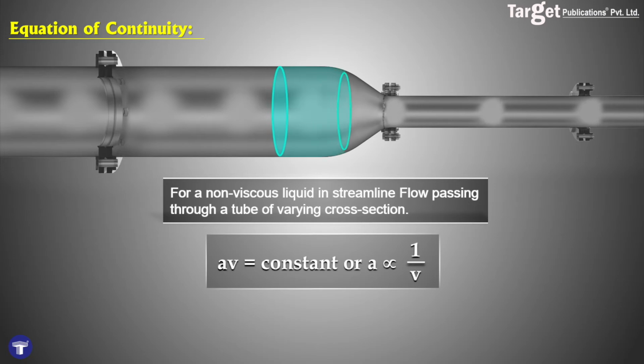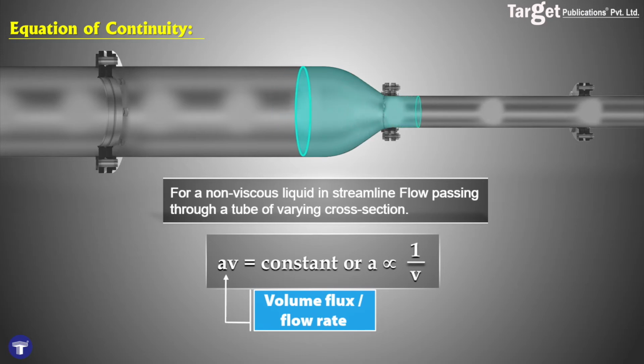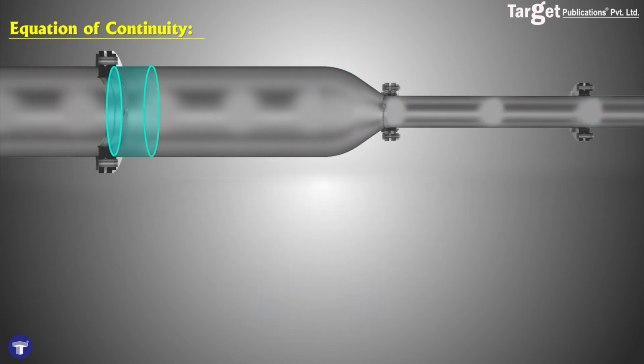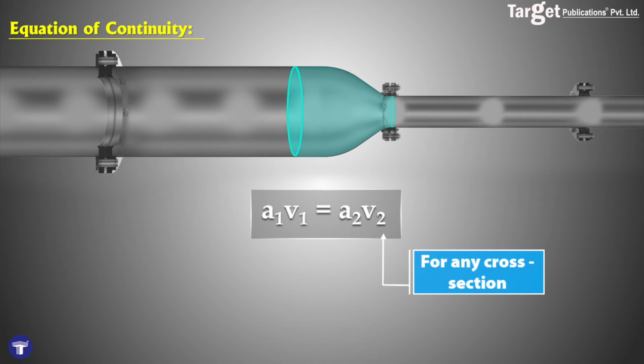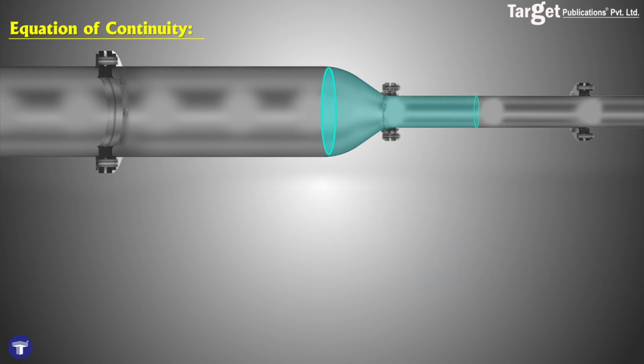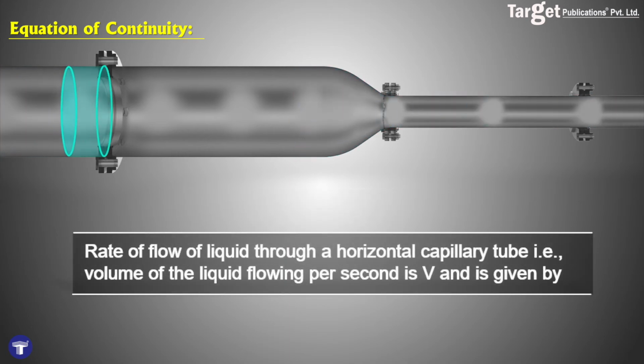And therefore, I can say that A and V are inversely proportional to each other. The product AV is known as the volume flux or the rate of flow of the fluid through that cross-section. Thus, the equation of continuity is simply saying that in cases where the cross-section is narrow, the fluid velocity is faster and vice versa.